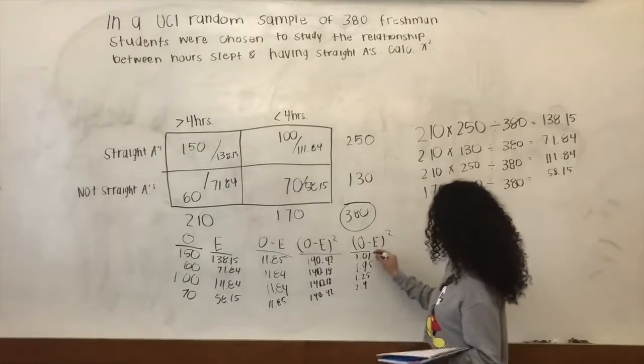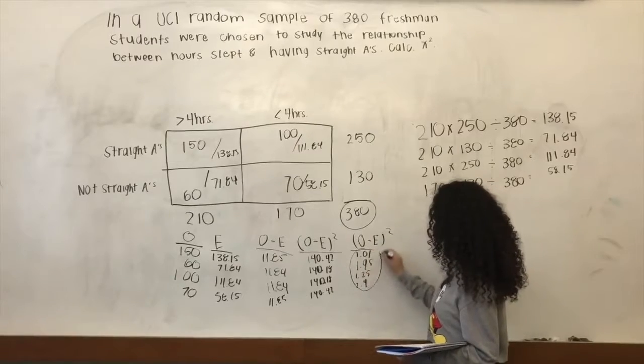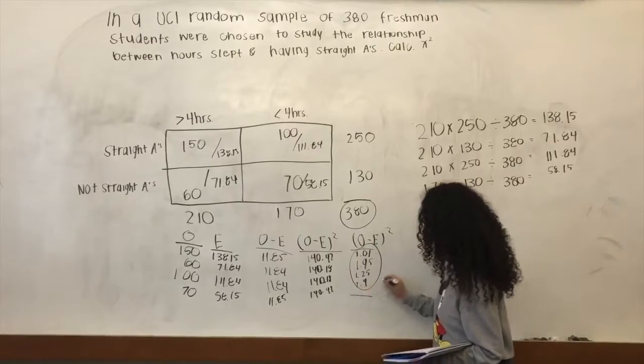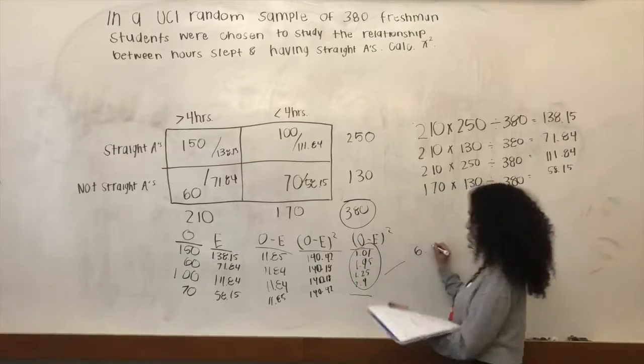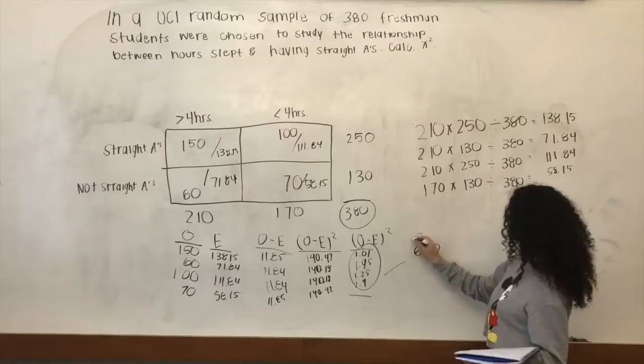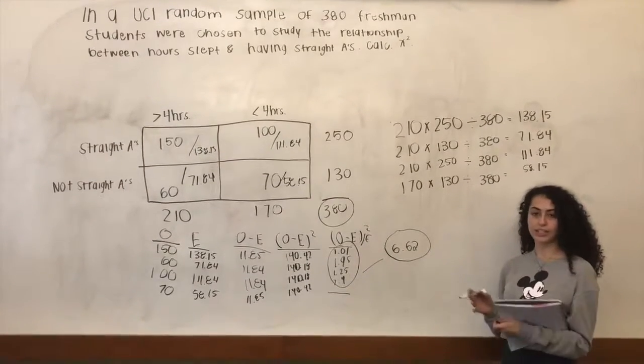So after you find O minus E squared over E, you're going to add all the variables, which is going to equal 6.62. And this is going to be your chi-square. So the last step is to calculate the degrees of freedom.